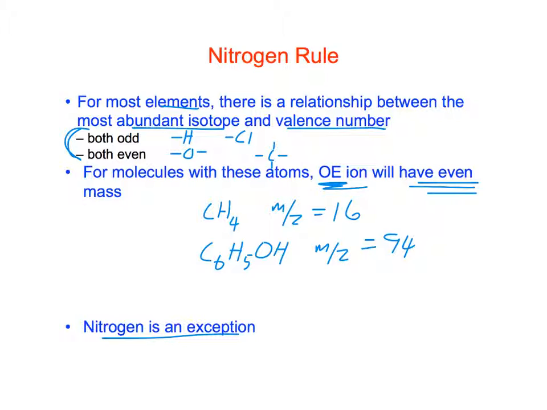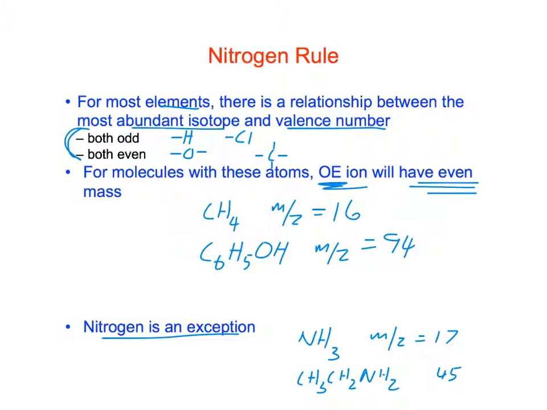Nitrogen is the exception to this, because nitrogen has a valence of 3, and it has an even mass of 14. And so if we have something like ammonia, we have 14 plus 3, mass to charge equals 17. If we have something like ethylamine, we end up with a mass to charge of 45.